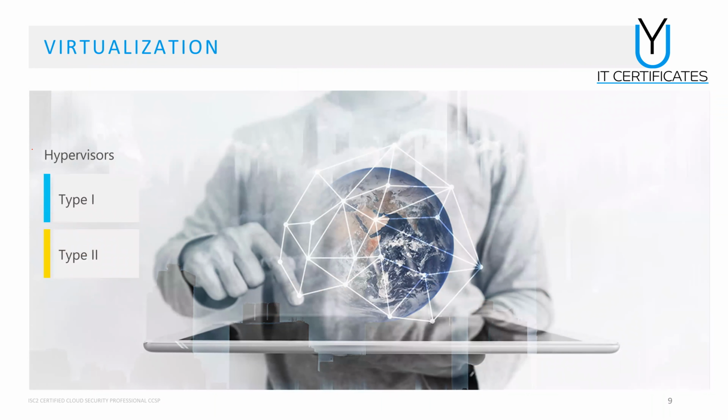Okay, the second component of the infrastructure is virtualization. I think we covered type 1 and type 2, and we explained the difference between both of them. And of course, we mentioned that type 1 is the more secure.